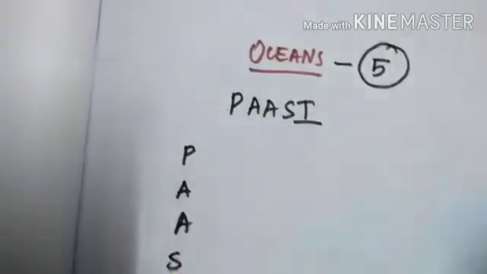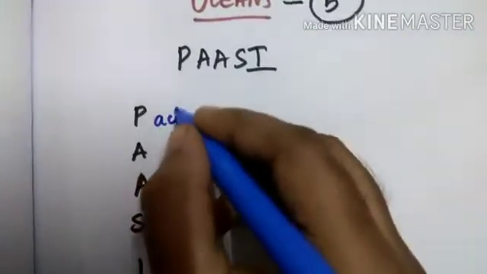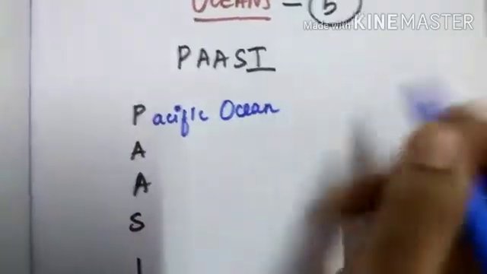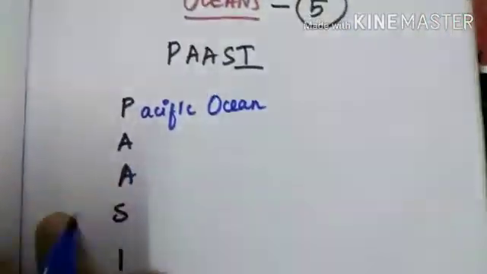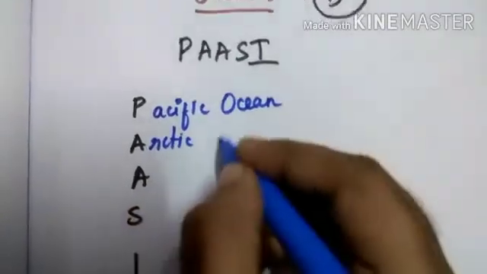P denotes the Pacific Ocean, which is the largest ocean among all the 5 oceans. And the second one, Arctic Ocean.